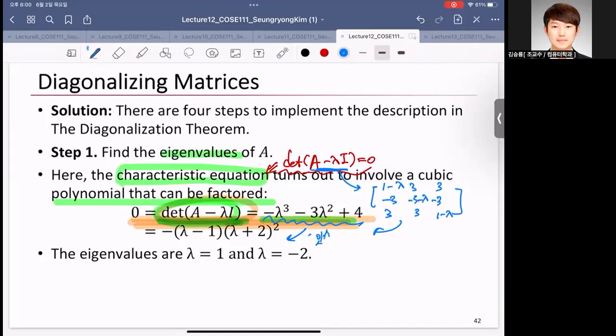In Korean, 인수분해. 중학교 때 배운 거로 하면 할 수 있죠? Negative lambda minus 1 times lambda plus 2 squared. So here the eigenvalues, the values satisfying this equation, are lambda equal to 1 and lambda equal to negative 2. Here we go. This is the first step, finding eigenvalues.